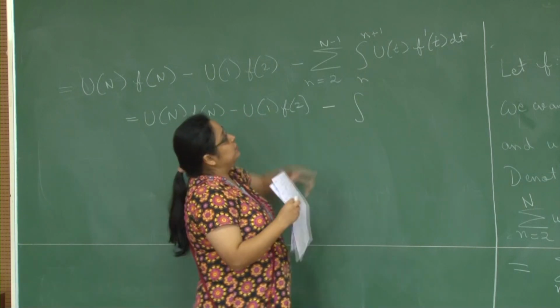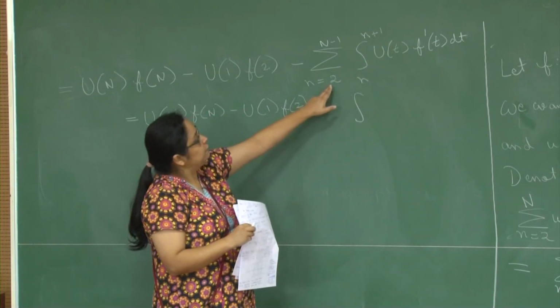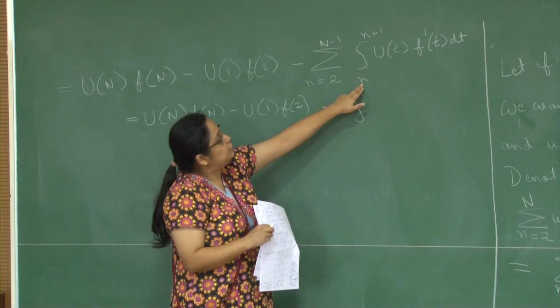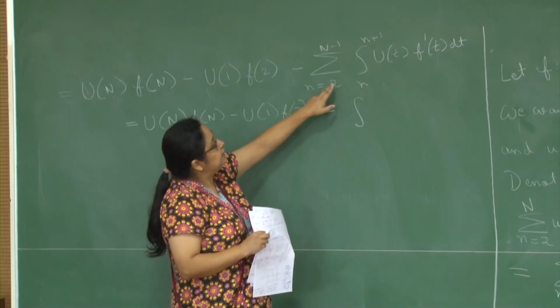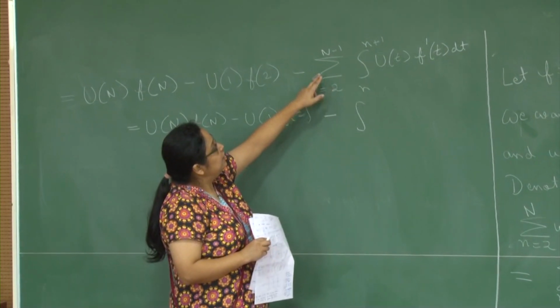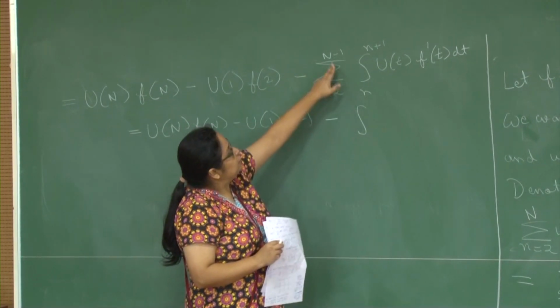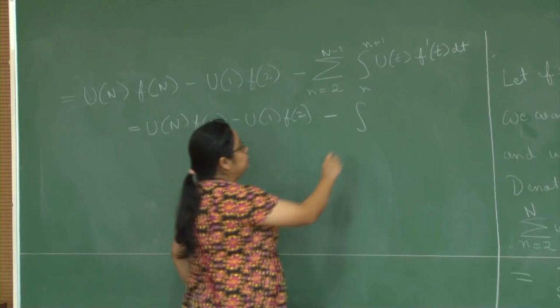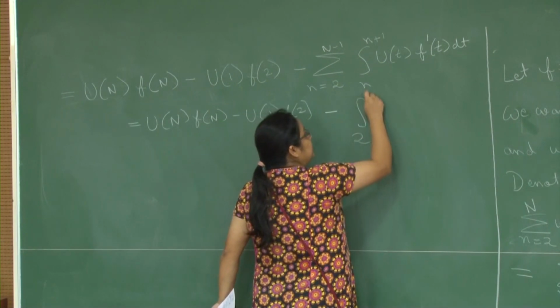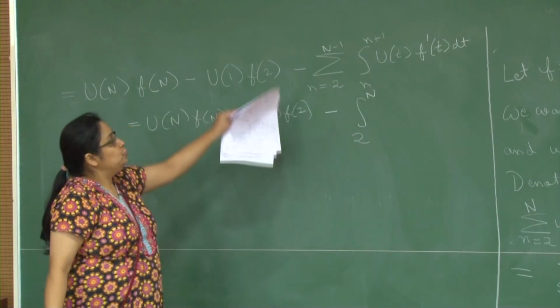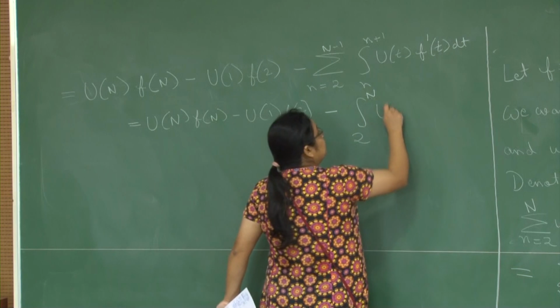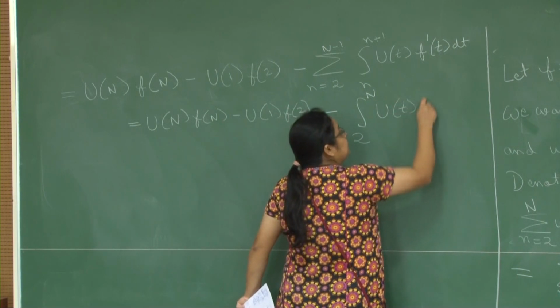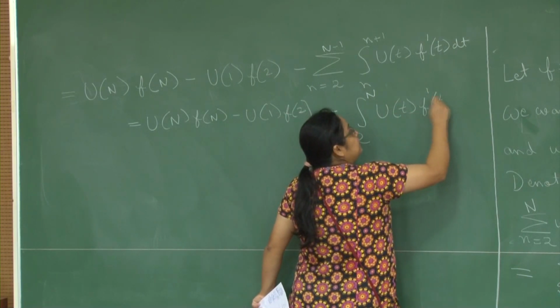and now we unfold this integral, so start from little n equal to 2. First you have 2 to 3, then 3 to 4 and so on till capital N minus 1 to capital N, and therefore, we unfold this integral to get something from 2 to N of u of t f prime of t dt.